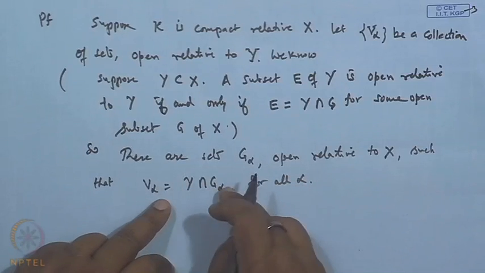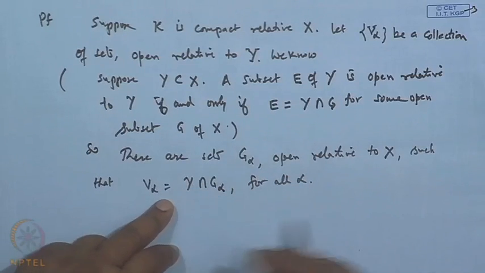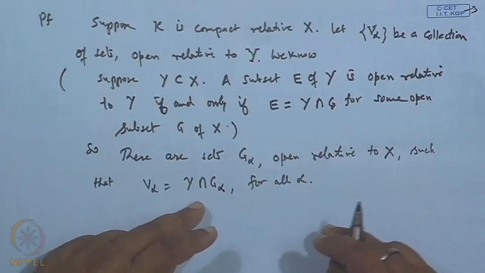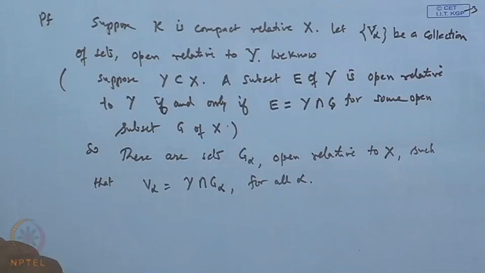Means V1 will be Y intersection G1, V2 will be Y intersection G2, so correspondingly we can get the open sets G1, G2, Gn relative to X.